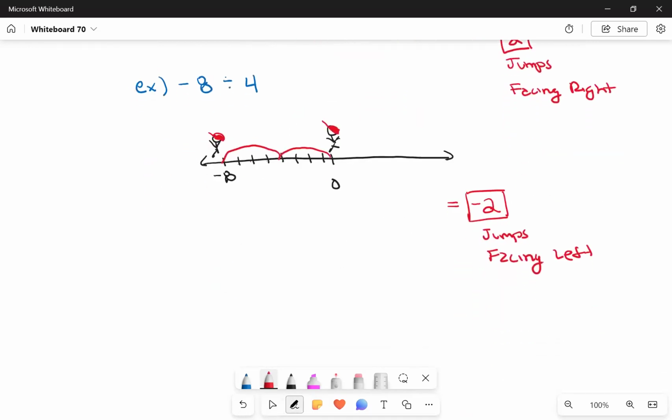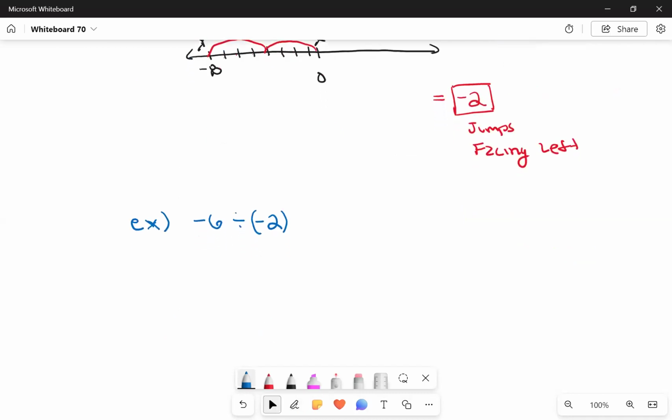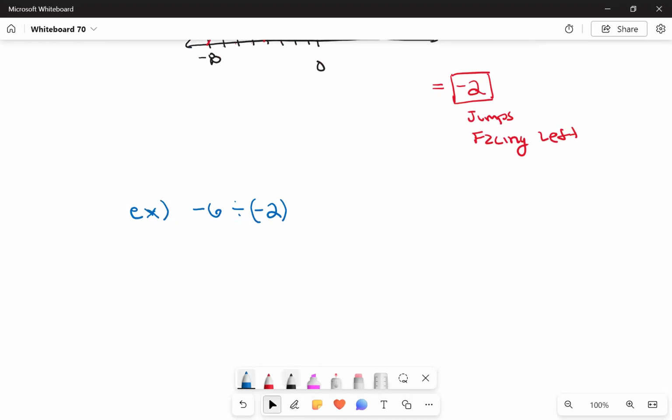Okay, so here, let's try. Let's do -6 divided by -2. Okay. So for this one, we need to be going to -6. 1, 2, 3, 4, 5, 6.